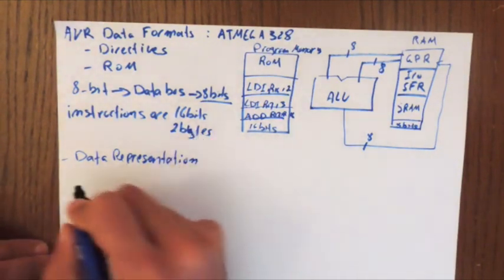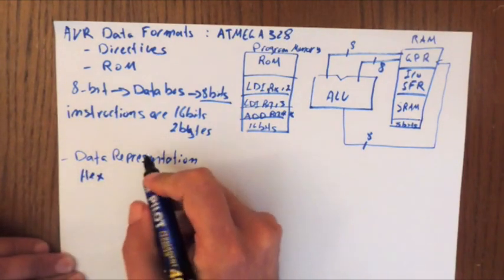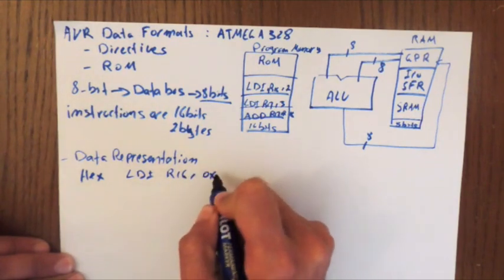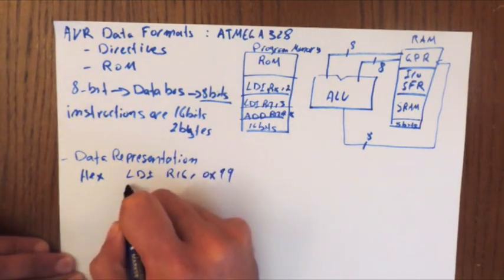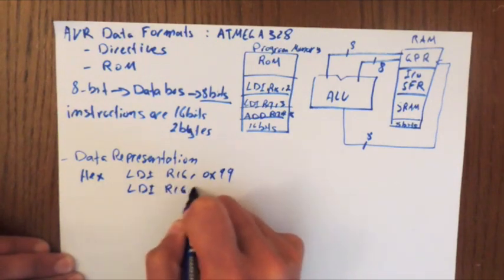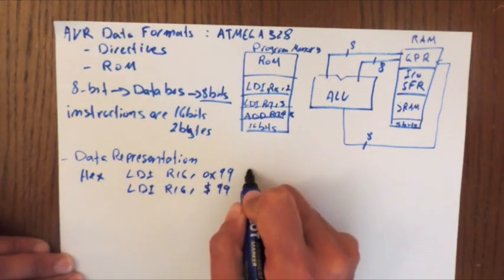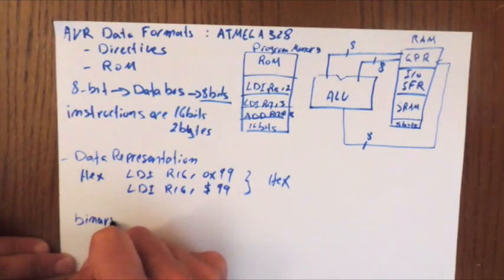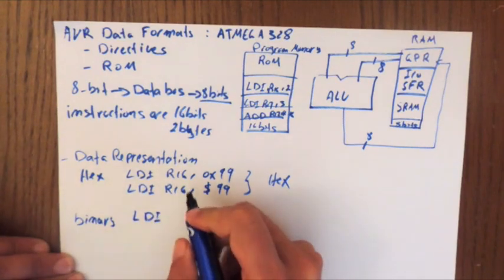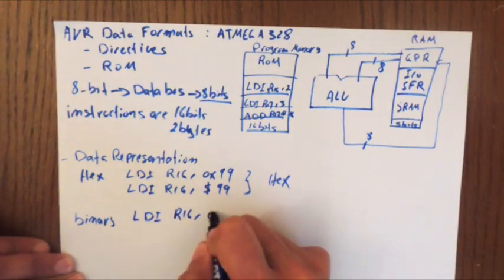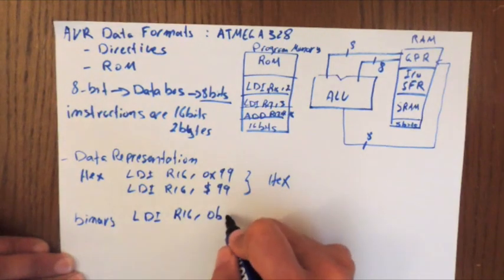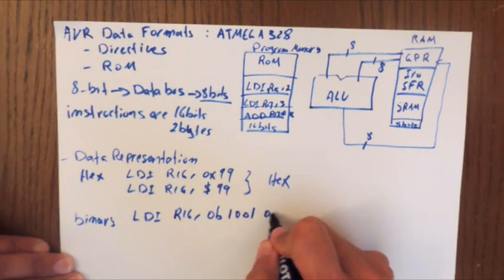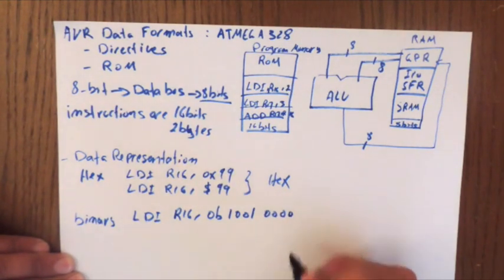If I want to represent in hexadecimal, I can use LDI R16, 0x99 for example, or I can use LDI R16, $99. Both can be used for hex. Now for binary, I can use the 0b indicator to indicate that it's a binary value, so 0b10010, for example.